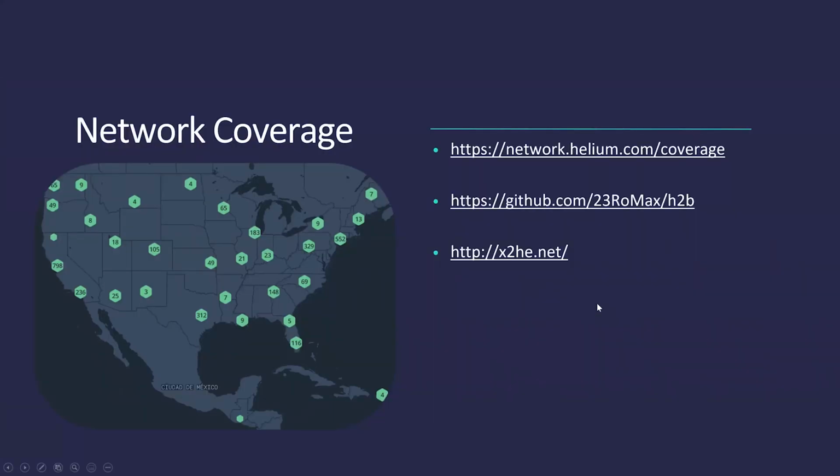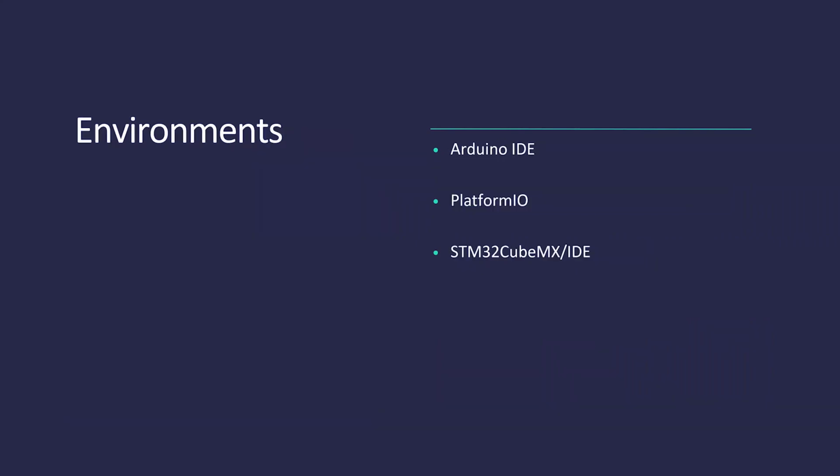These links will be available afterwards as well, and I'll link them in the events channel over on our Slack community. So environments, as far as development: Arduino IDE, using VS Code and PlatformIO. We have guides for both of these in the documentation section on the Helium website.